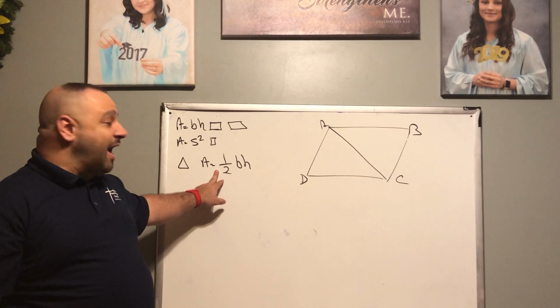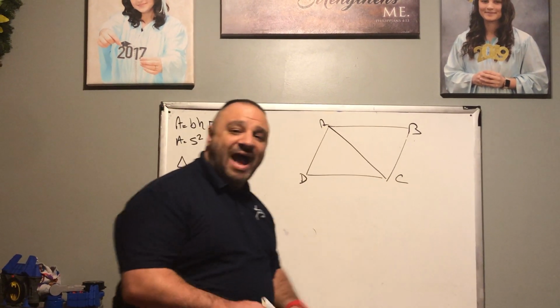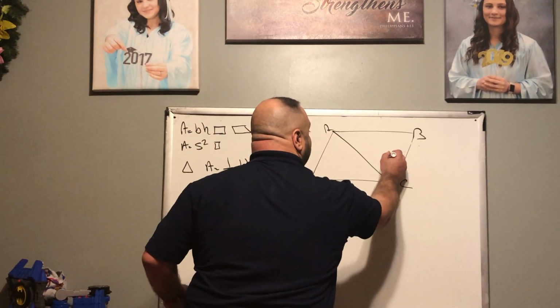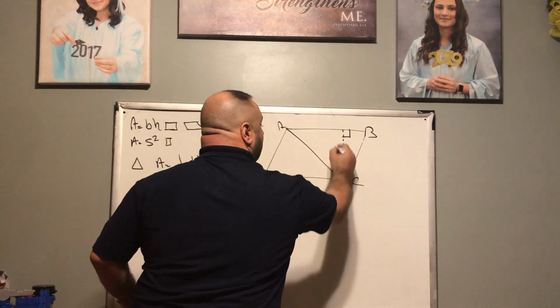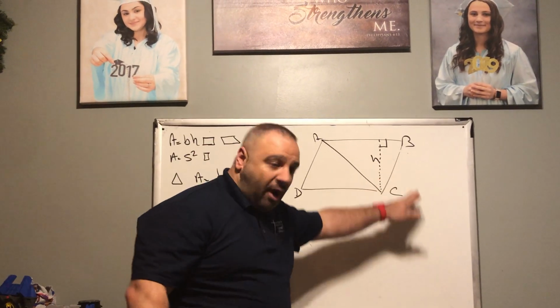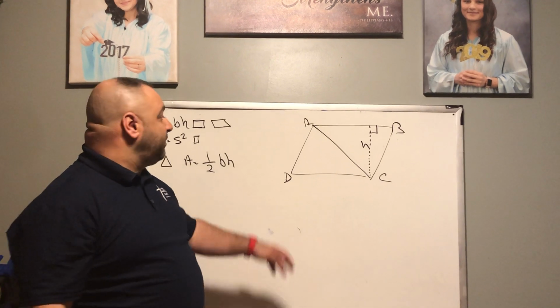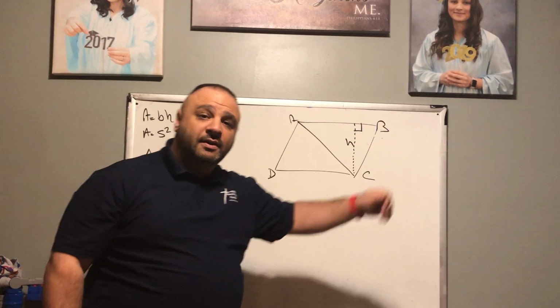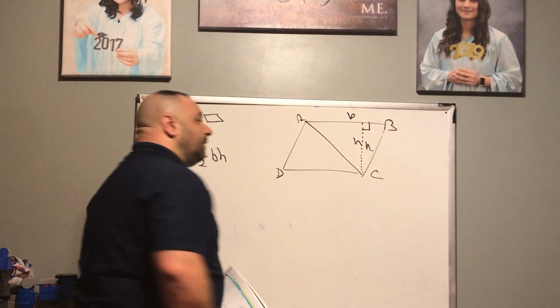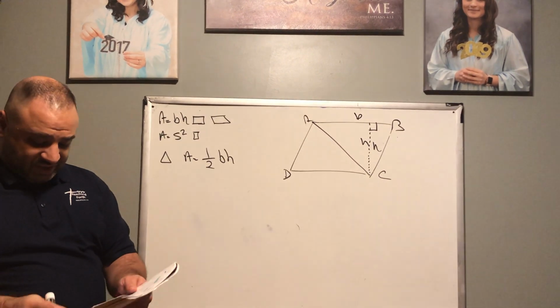It comes from the idea of this diagonal dividing the parallelogram into 1/2. So simply if I drew my altitude, all right, well, that's our altitude there. All right, so in order to find the area of this triangle, we would simply go 1/2 times the base times the height. 1/2 times the base times the height.